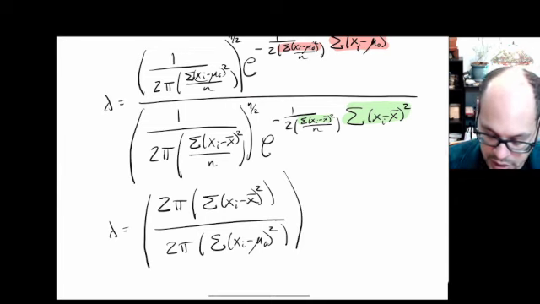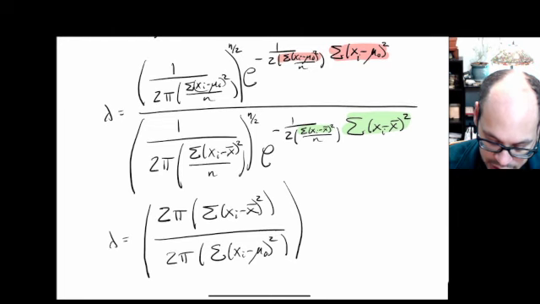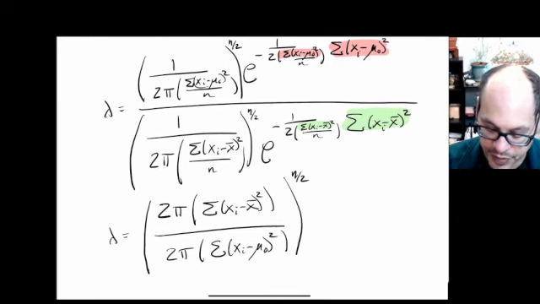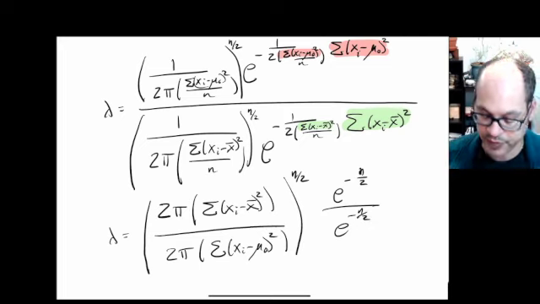You're going to get a lot of cancellations there, and all that is to the n over 2. And on the outside, we have some stuff that's now going to cancel. It's just an e to the minus n over 2 over e to the minus n over 2.